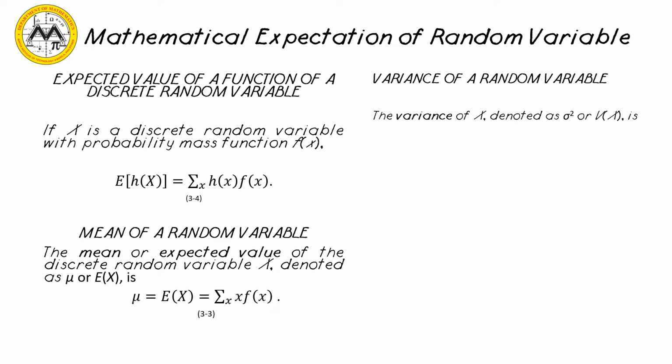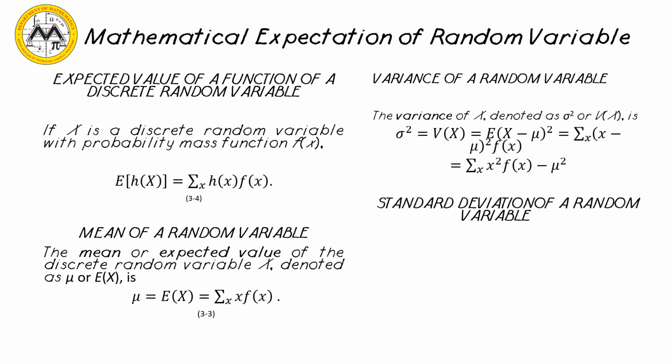While the variance of X, denoted by V of X, is equal to sigma squared, which is the expected value of X minus mu squared, which is also equal to the summation of x minus mu squared f of x, or the summation of x squared f of x minus mu squared. So we can have a simplification about that. While the standard deviation of X is given by sigma equal to the square root of sigma squared. We can have some laws of expectation.